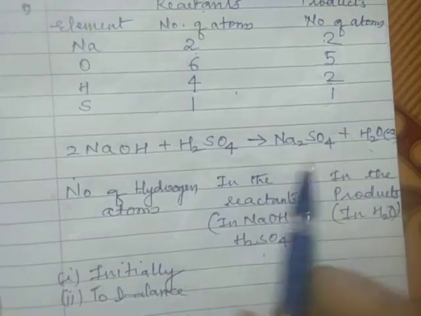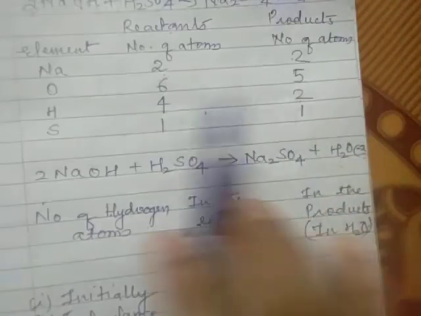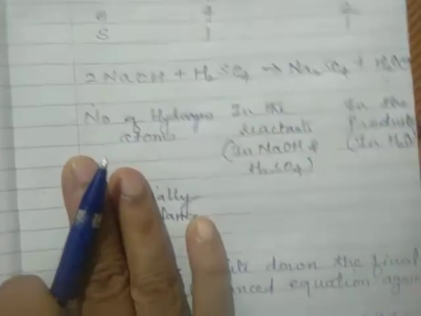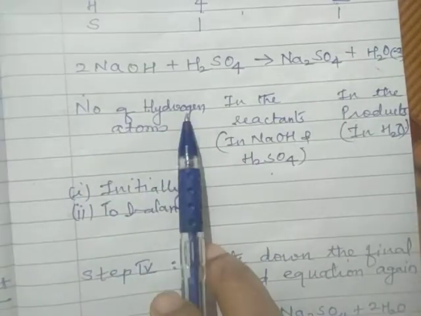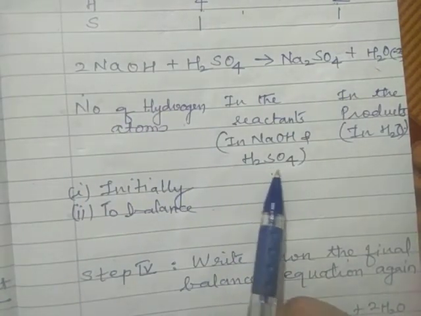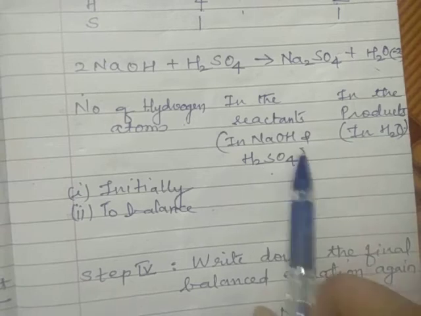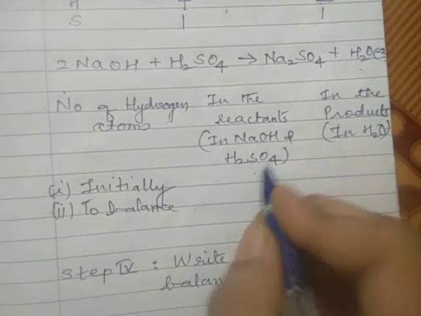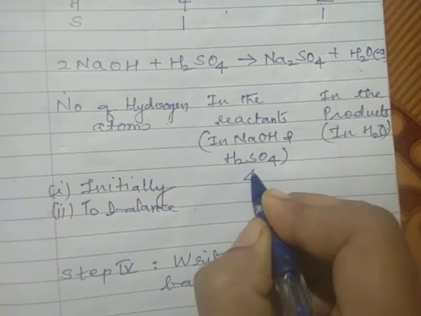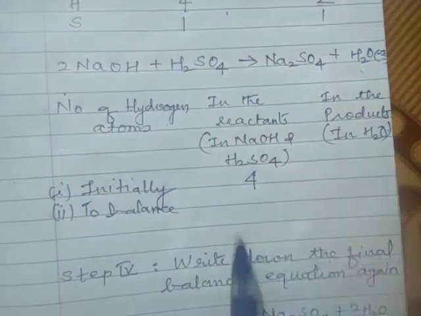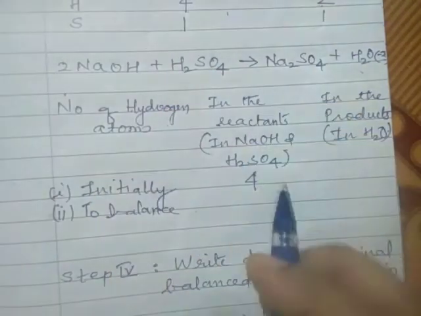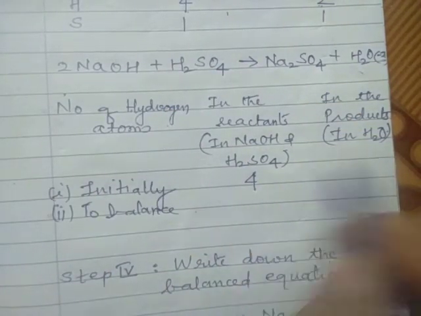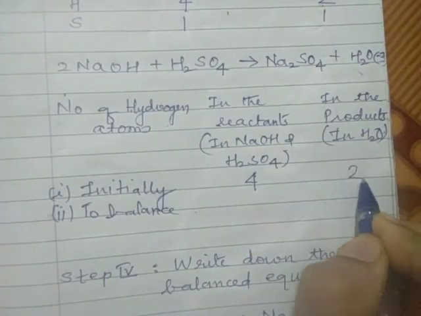Now we will see how we can balance this hydrogen. So for that we will take the number of hydrogen atoms in sodium hydroxide and sulfuric acid on the reactant side, and in the product side only water. So initially we have 4 hydrogen atoms. If you just count here, there are 4 hydrogen atoms, and in the product side only 2 are there.